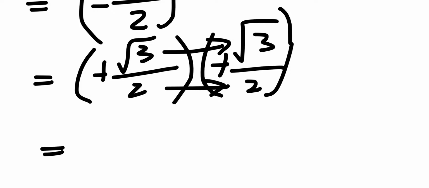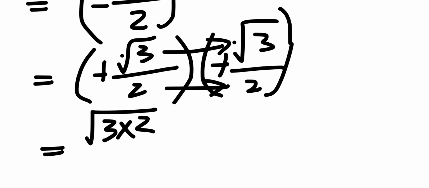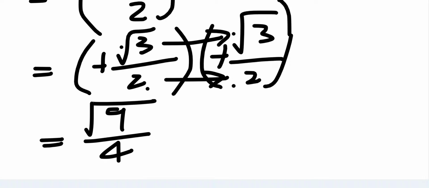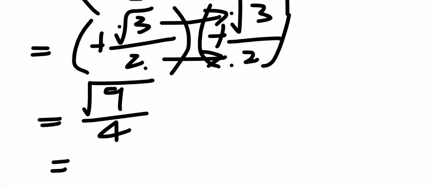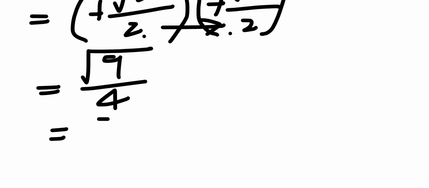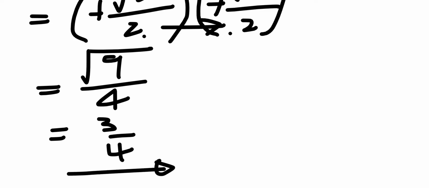With the surds, if you multiply a square root and a square root, it is the square root of 3 times 3. That will be 9 over 4, and we know very well that the square root of 9 is 3. So it ends up being 3 over 4.